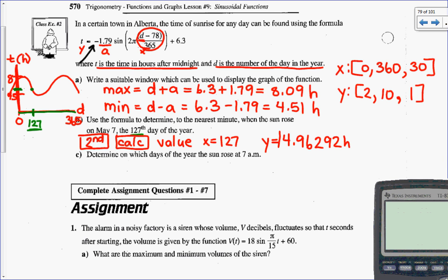But again, this is 4 hours after midnight and a little bit more. So we need to multiply that by 60 to see how many minutes that is. And that is 58 minutes to the nearest minute, because it asked us to round to the nearest minute. So in other words, this is 4:58 a.m., because it's 4 hours and 58 minutes after midnight.